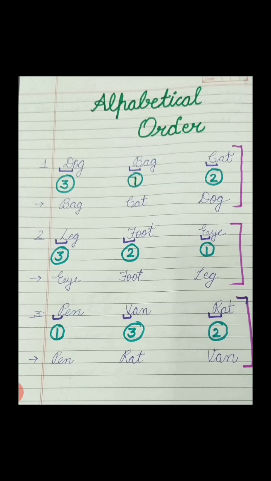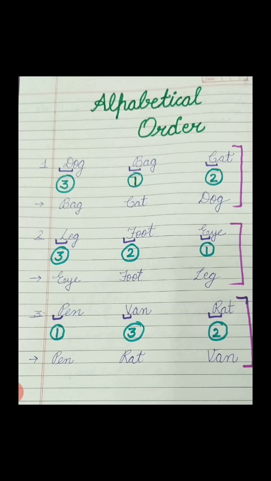And whichever letter comes first, the word starting with that letter will be taken as the first place. उसकी first turn आ जाएगी, okay? He'll go first in the line. And then we have to check in both the left words, जो two words बच गए ना, we have to see now what will come first. And then we have to give him the second place. And then the one word left will be placed at the third place.